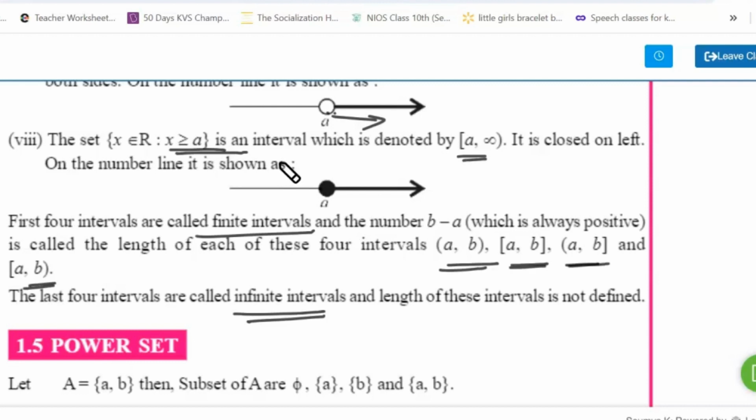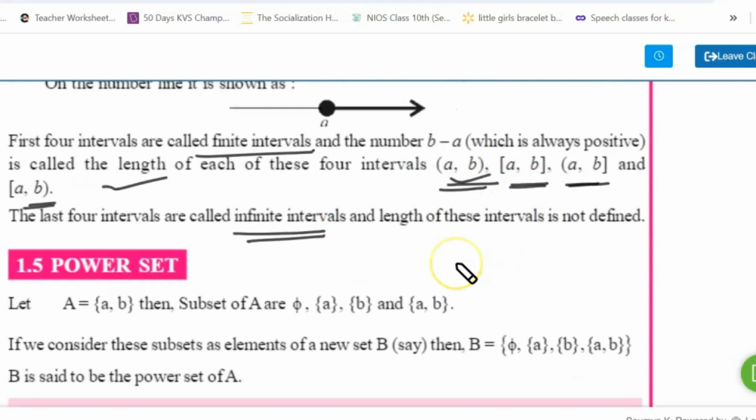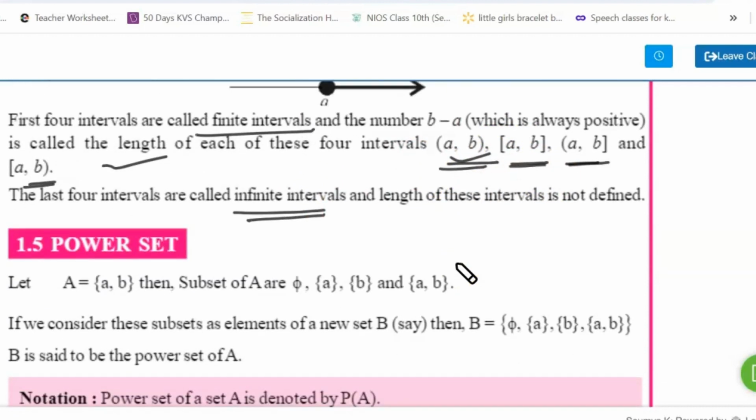We call this the length of the interval. Whereas for the infinite ones, length is not mentioned, since it goes till infinity. So hope you understood this one.